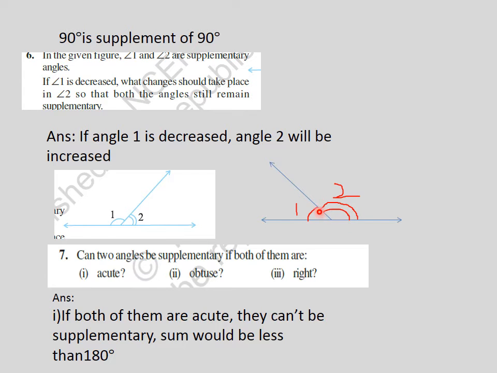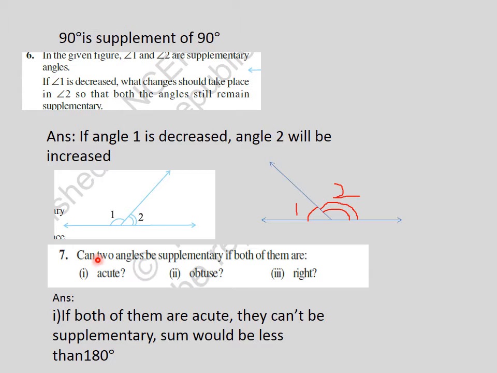It is getting increased. Are you understanding here? Angle 1 is decreased means you are moving this line to the left side. Then angle 1 becomes less. Okay. So angle 1 is decreased, angle 2 has increased.